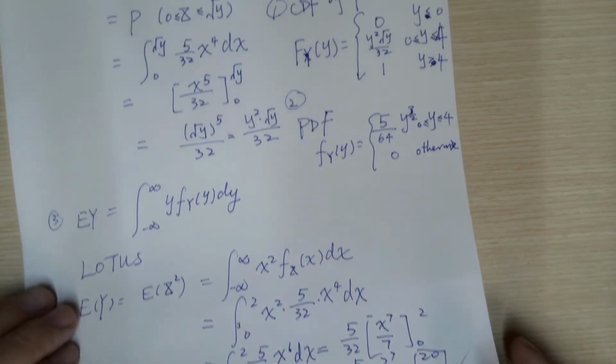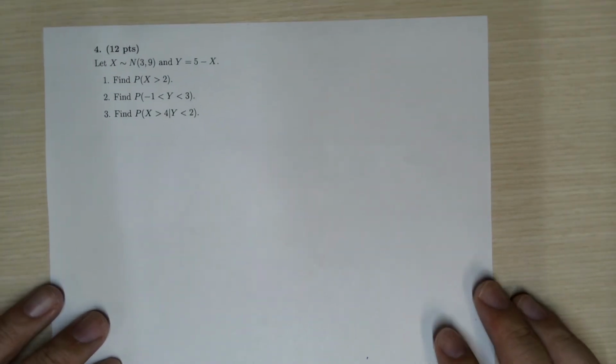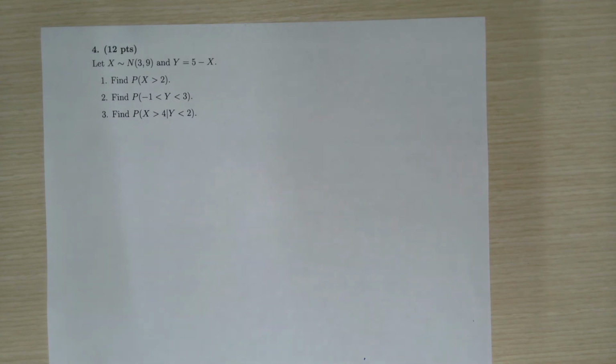So, last one, let's take a look at this one. X is a normal distribution with a mean of 3 and a variance of 9.